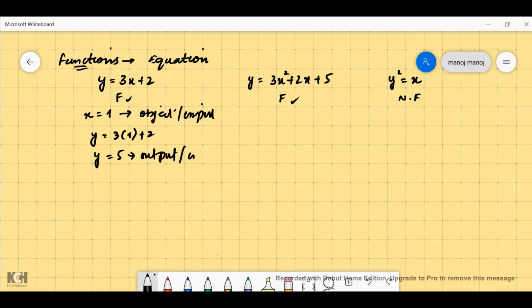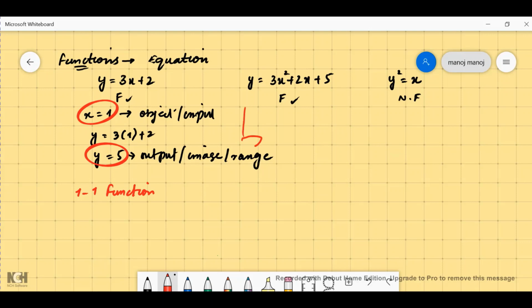Sometimes we can say the image, and we can also say the range. Okay, this is the first value, x is 1 and y is 5. This is called a 1 to 1 function, because when I put the value x equals 1, it always gives us only one value of y.